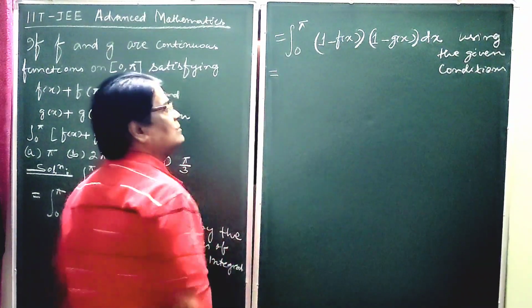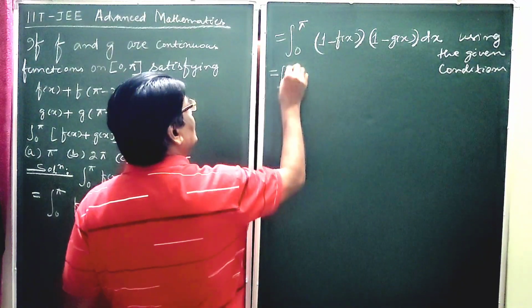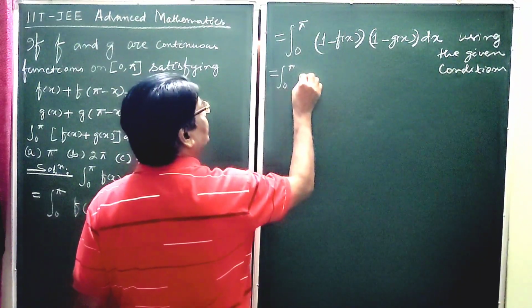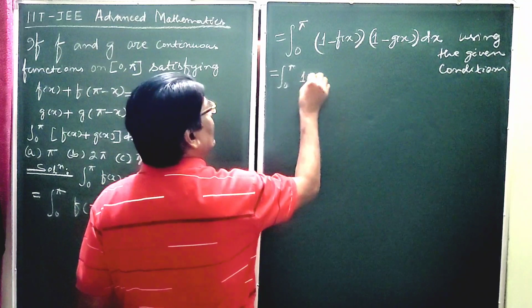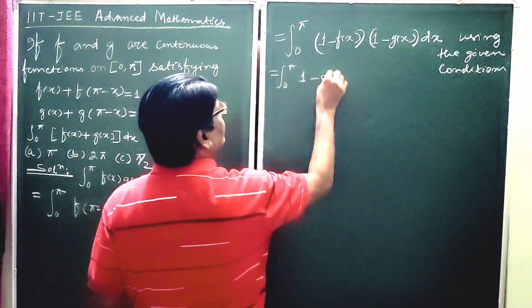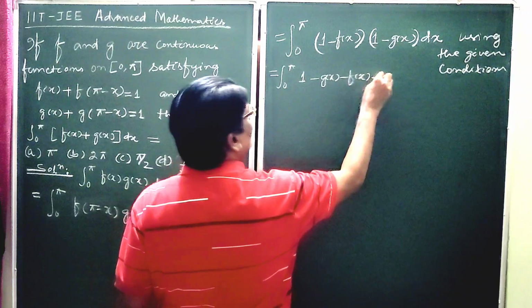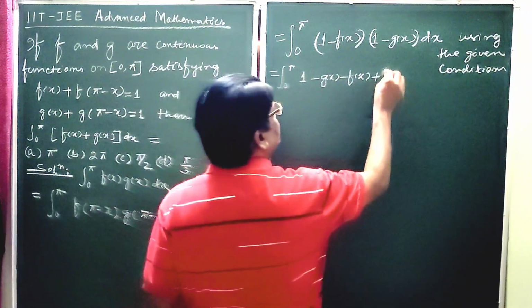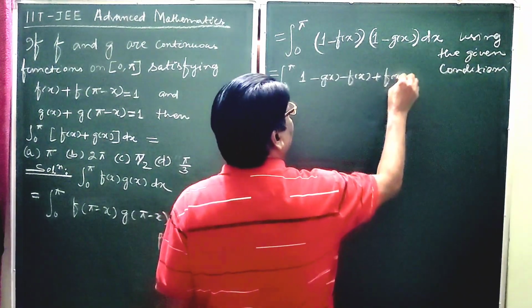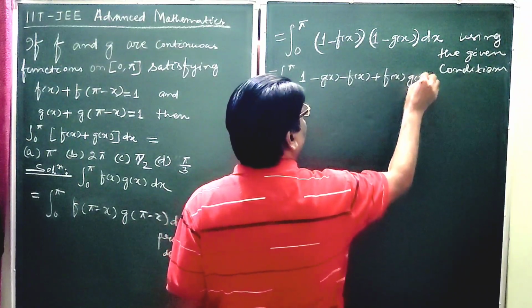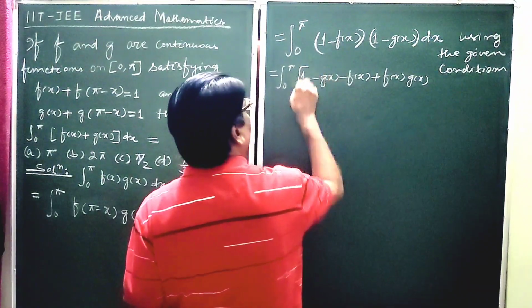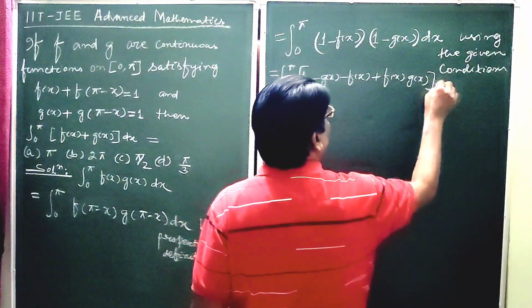this is equal to the integration from 0 to pi of 1 minus g x minus f x plus f x into g of x dx.